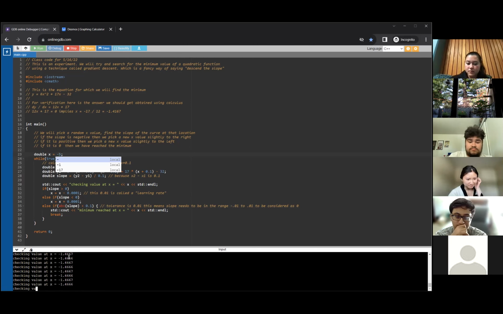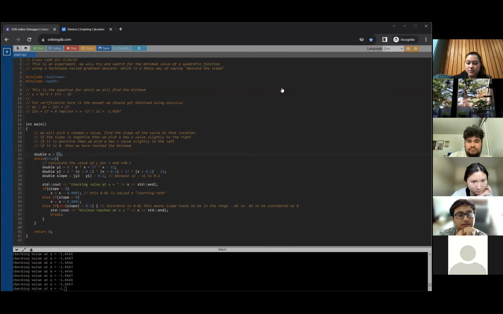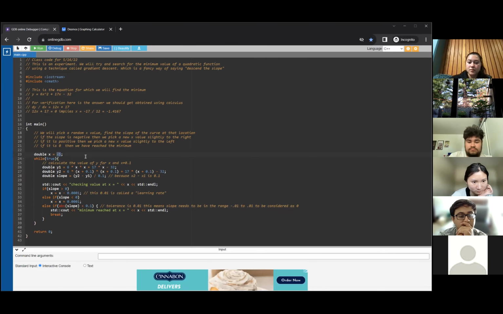But where is it getting that? Second 6. So if the tolerance was smaller, like 0.001, would that be checking? It's checking the slope at a smaller.